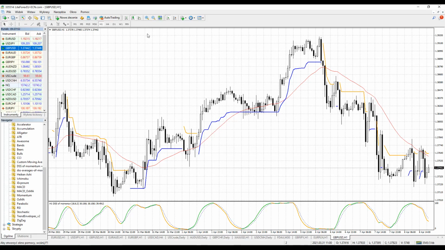First thing first, we should have the change of the color from the blue to the orange for a possible short setup. So we got the close and change here.